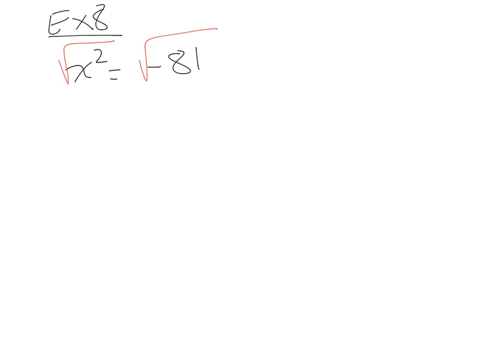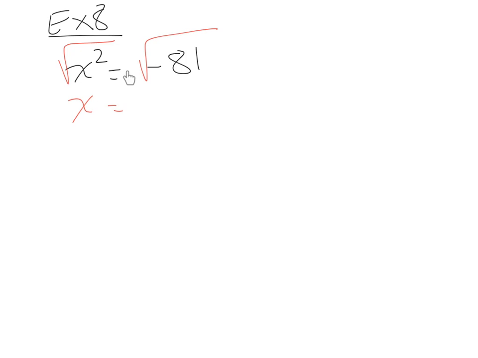For example 8, we have x squared equals negative 81. We're going to do the same thing, getting rid of this square using the square root. So we have x equals the square root of negative 81. If you remember from the last chapter, the square root of a negative number has an i. It's not a real number.